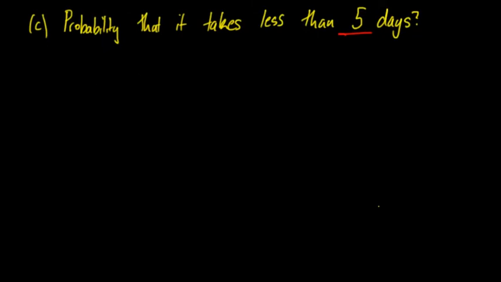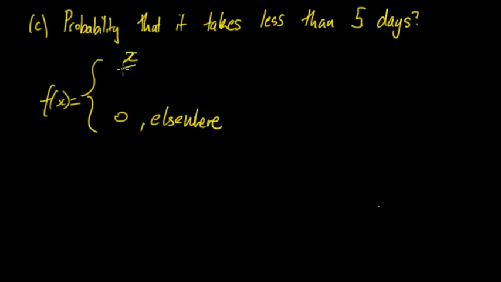So the next part. What is the probability that it takes less than 5 days for it to be delivered? That means it can be 5, 4, 3, 2, 1, or 0. But if you remember, the probability of it being delivered in 0 days is also 0 because there's 0 elsewhere.